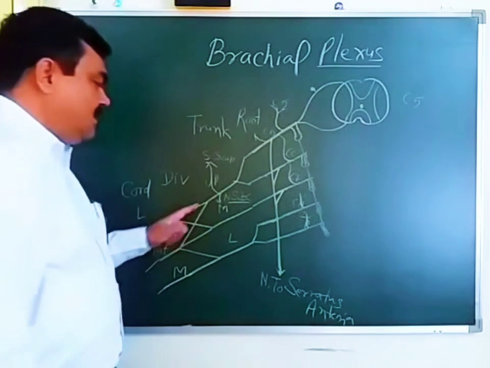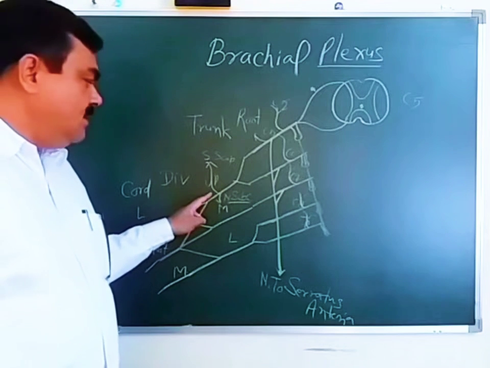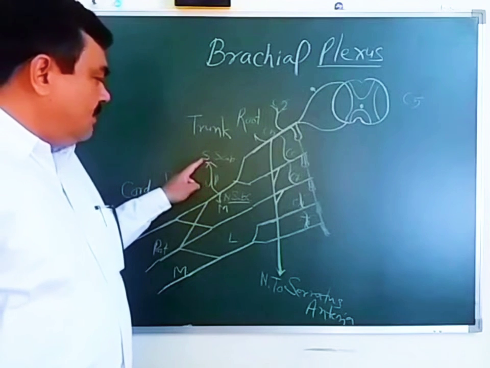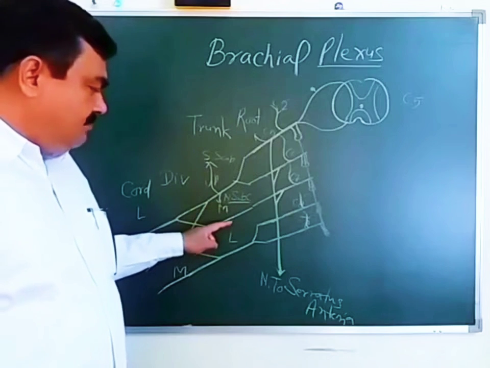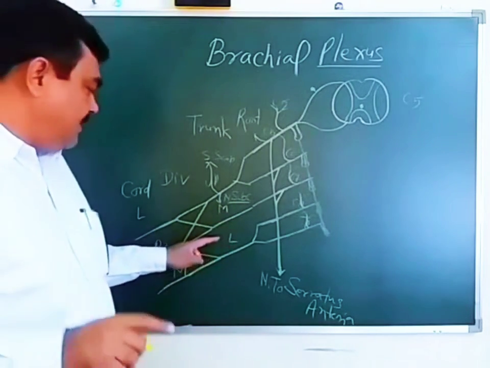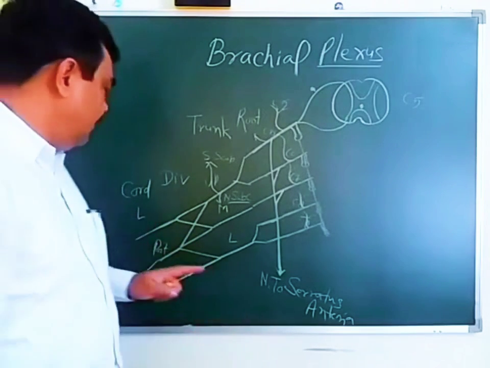So the upper trunk gives two branches, suprascapular and nerve to subclavius. The middle trunk gives no branches, the lower trunk gives no branch. The divisions give no branch.